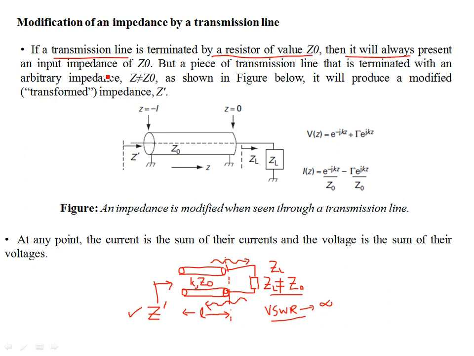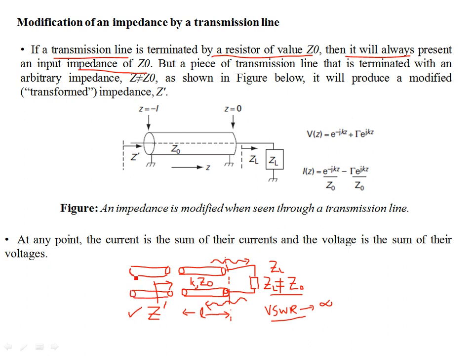Now, if the transmission line, as you recall from the previous discussion, was terminated in Z naught, then it always presents an input impedance of Z naught. That's also equivalent to saying that if you add another section of transmission line of the same length, which has the same characteristic impedance, the result is again the same, because you are looking at the impedance Z naught.